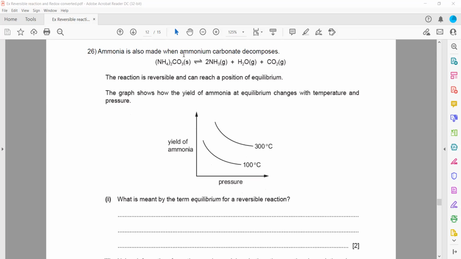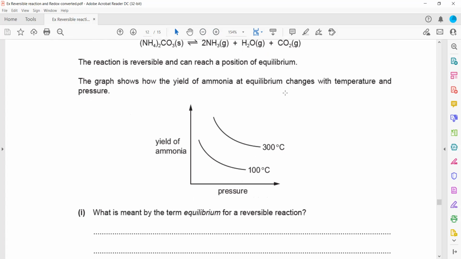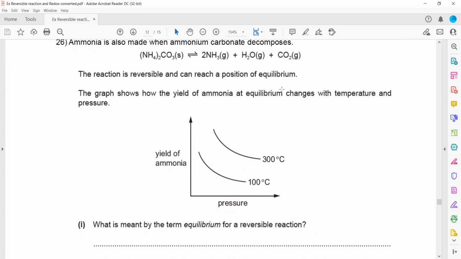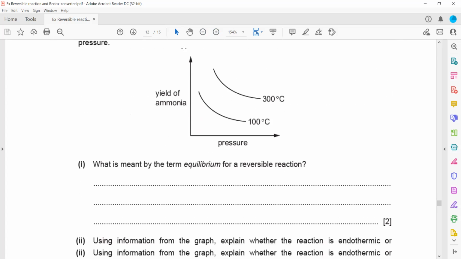In question 26, ammonia is also made when ammonium carbonate decomposes. The reversible reaction is there, and the graph shows how the yield, or amount of product, ammonia, changes with the temperature. What is meant by the term equilibrium for a reversible reaction?